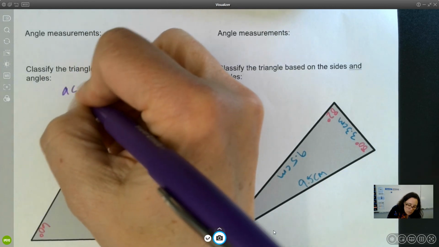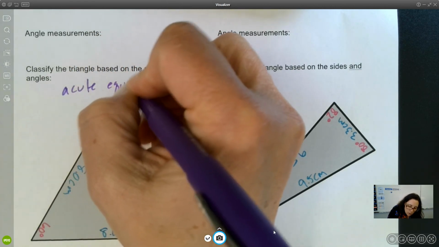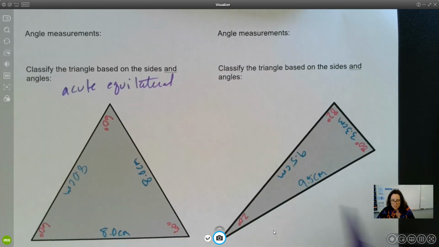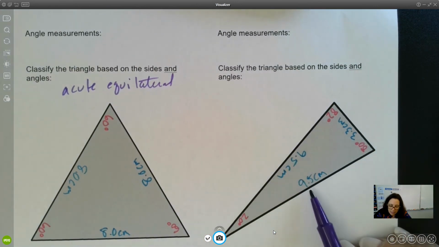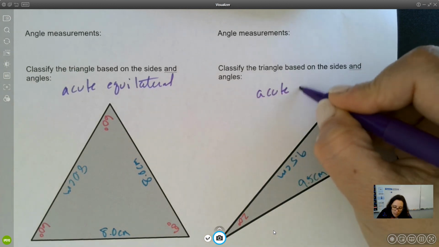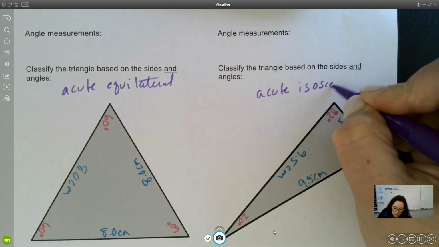So acute, equilateral. This guy, I've got 2 side lengths being the same, and they're all smaller than 90. So this is going to be an acute isosceles.